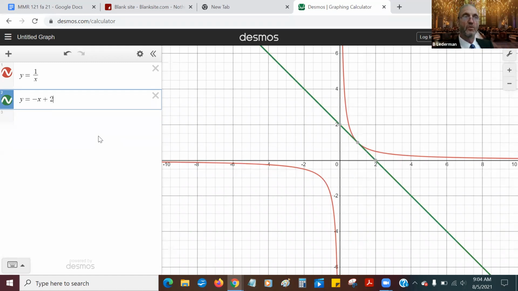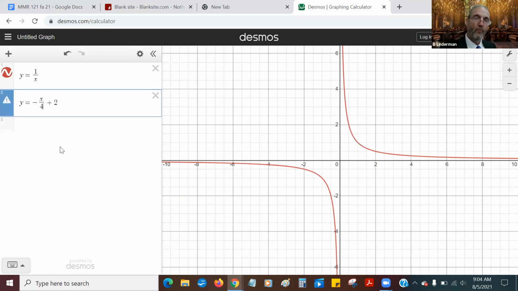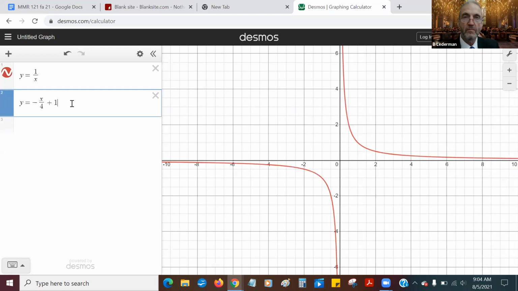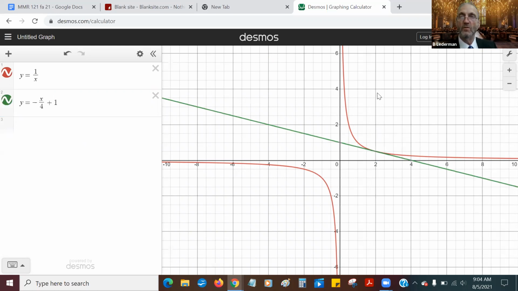Now, if x equals 2, the slope would be negative 1 over x squared, which is negative 1/4. So it'll be negative, and it's there, but I want to get it down there, so I have to subtract 1. And that is the tangent right there when x equals 2.